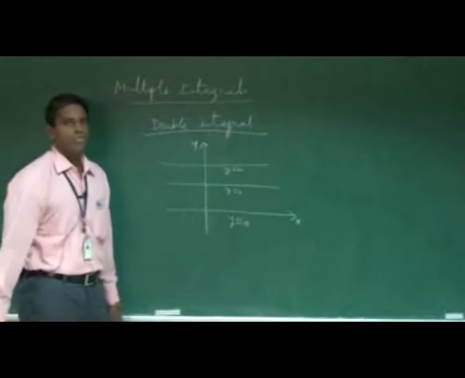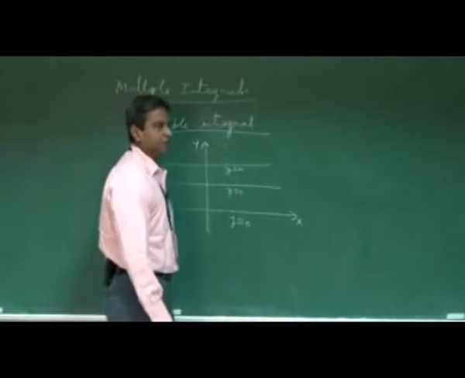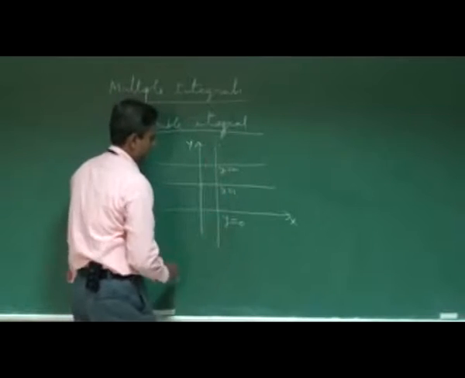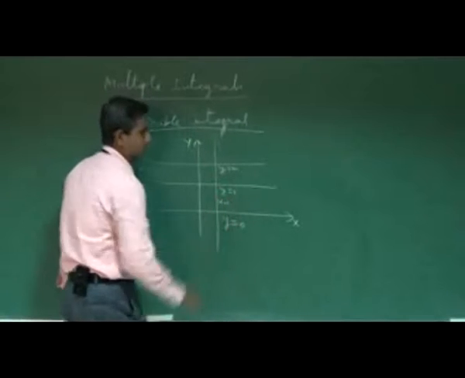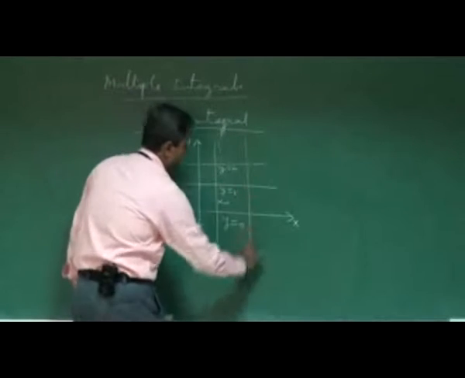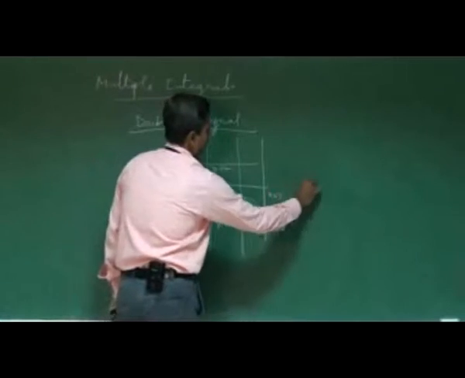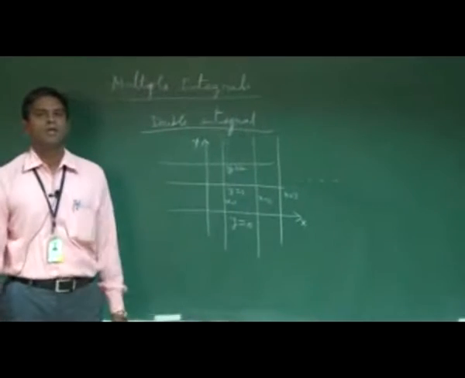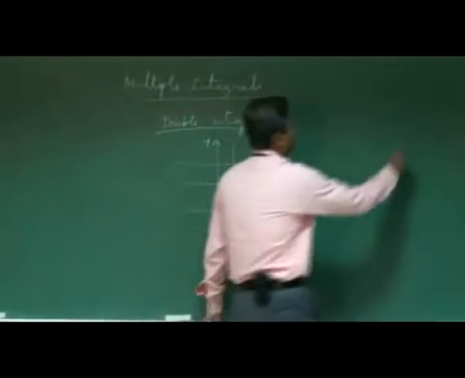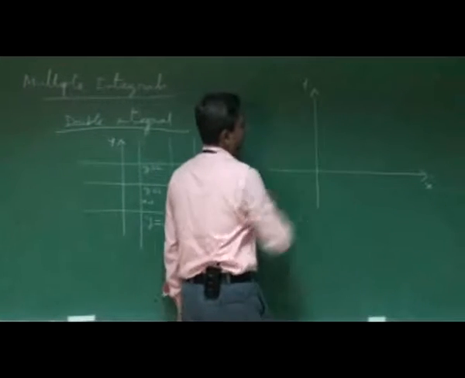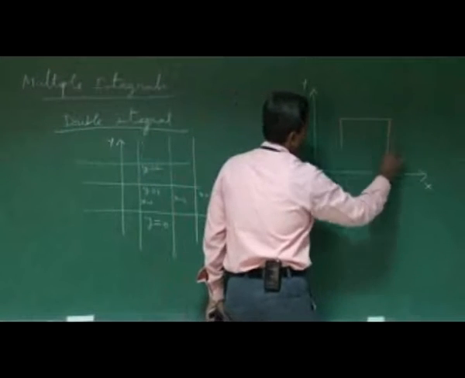And suppose we take the line which is parallel to the y-axis, which is x equal to 1, and then we draw the line x equal to 2 and x equal to 3, and so on we go on drawing. Now I am going to find the region of the rectangle in the first quadrant.